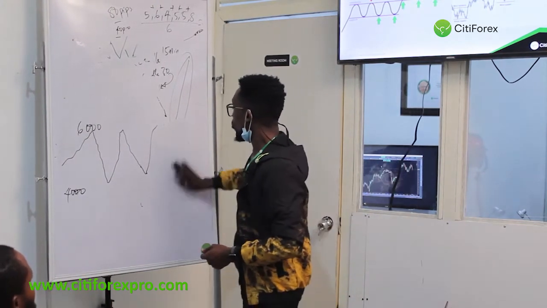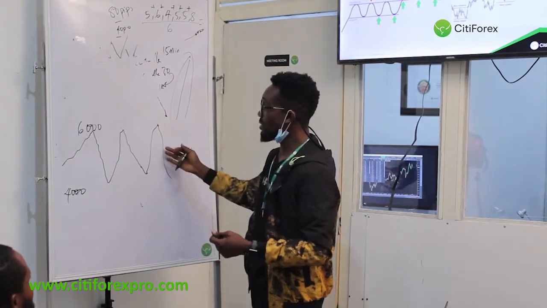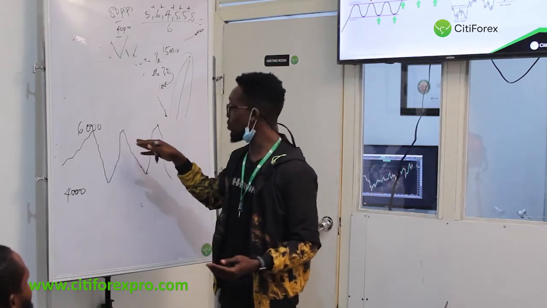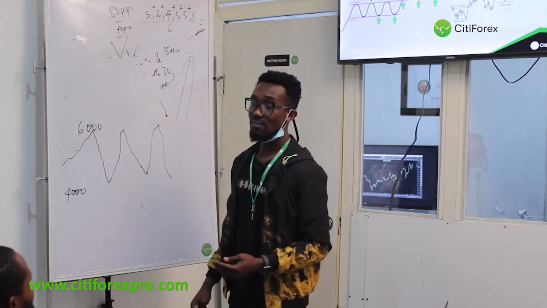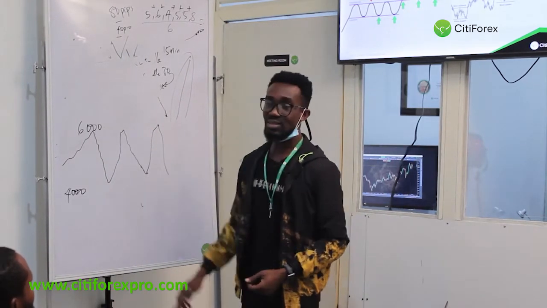So this is what is actually happening that we call support and resistance. That's the technical word for it, but in real life, this is what is taking place. And then usually it won't stay at 6,000 forever.